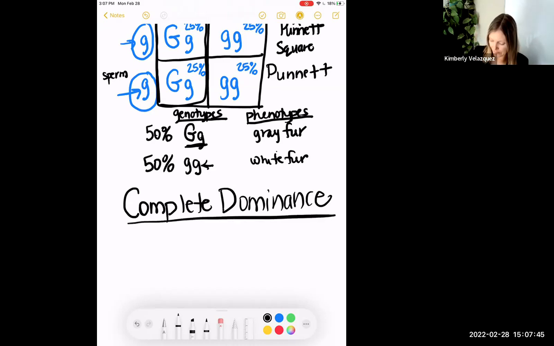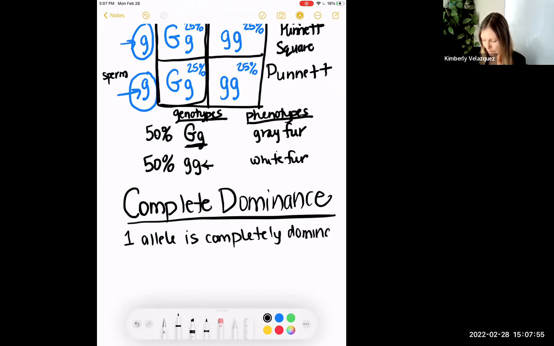In complete dominance, one allele is completely dominant over another allele.